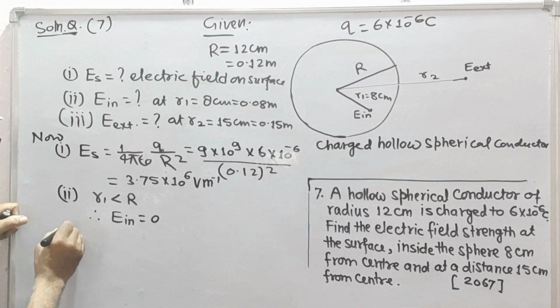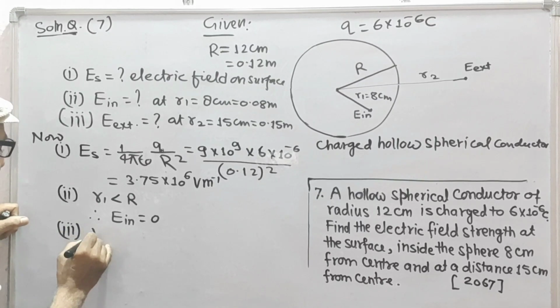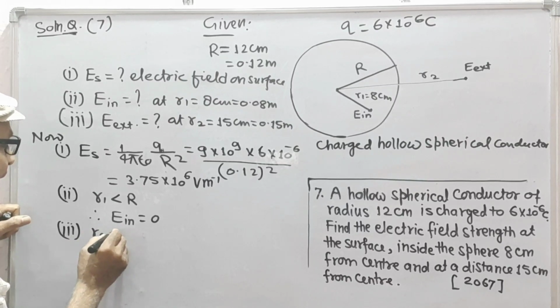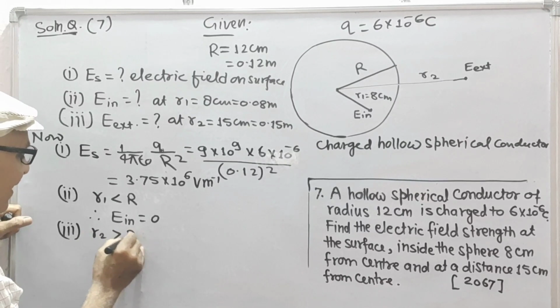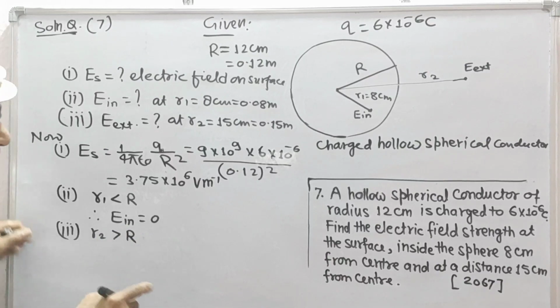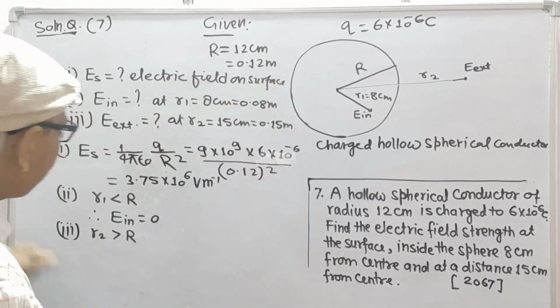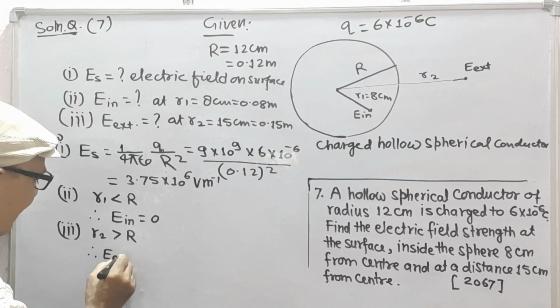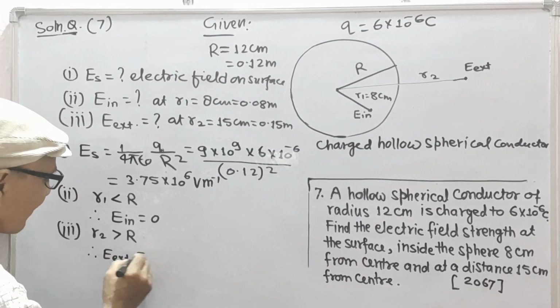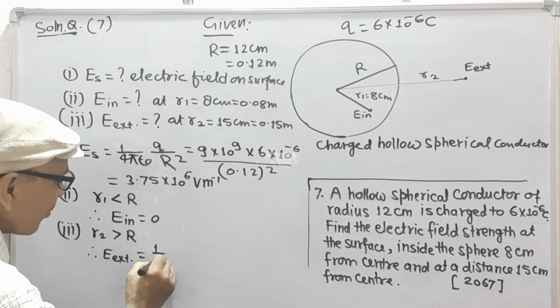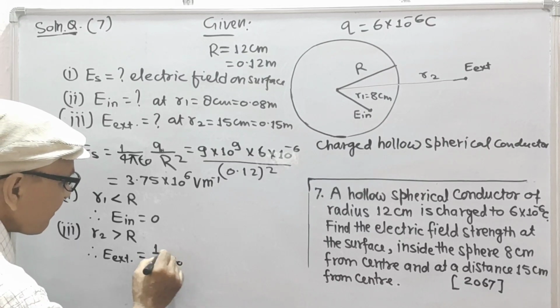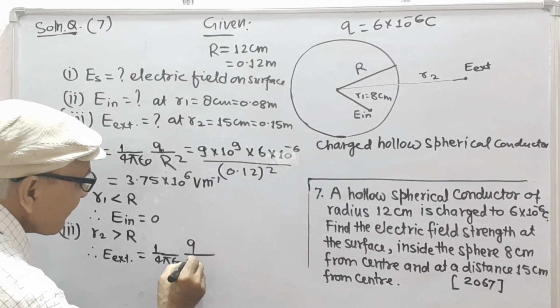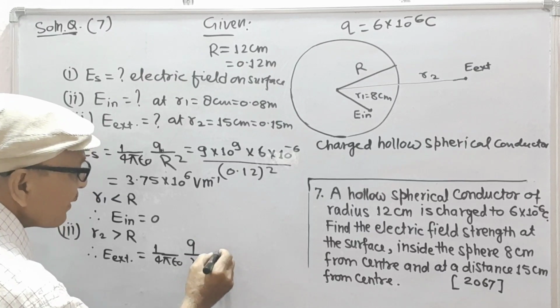Third part, R2 is greater than capital R, hence E external will be equal to 1 upon 4 pi epsilon naught, Q upon R2 square.